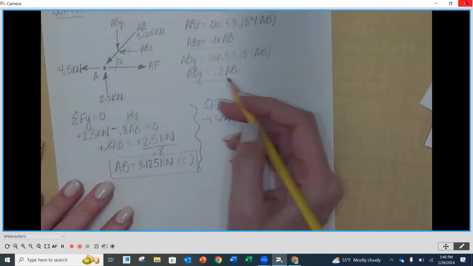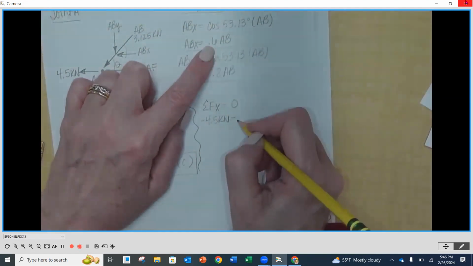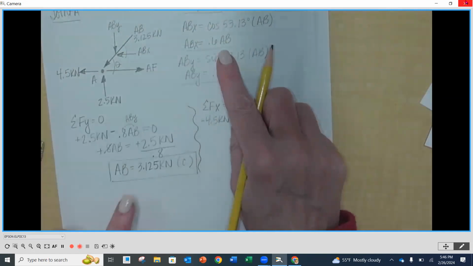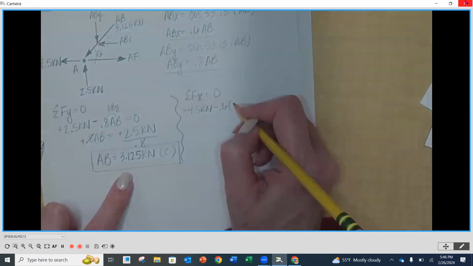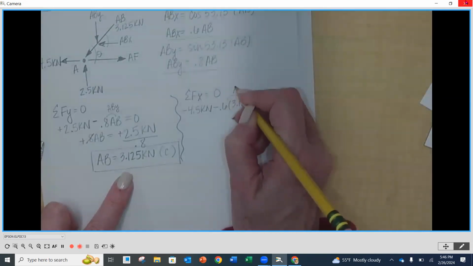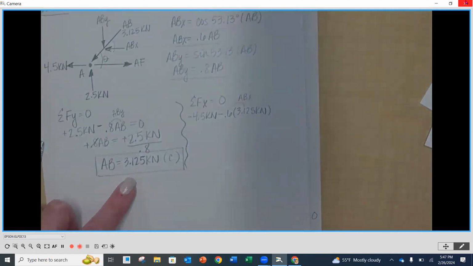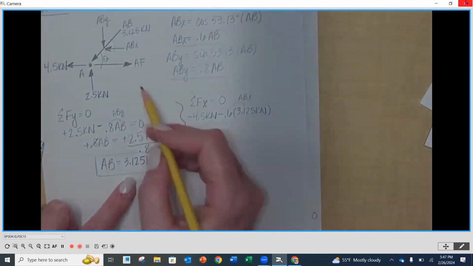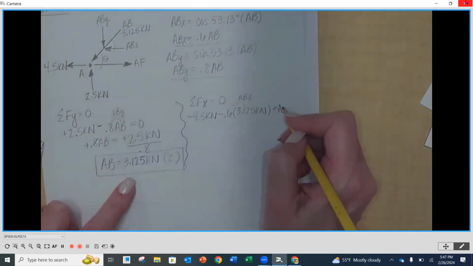I've got a negative, now this is ABX, 0.6 times, I know what AB is, I know it's 3.125, so I'm going to multiply it by 3.125 kilonewtons. This is ABX, and it's pointing to the left, so it's negative. And then I've got AF going to the right, so plus AF.